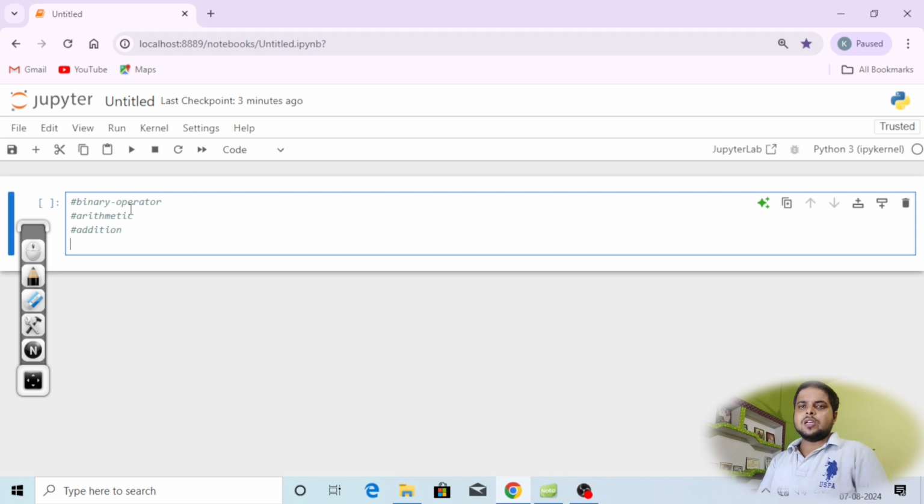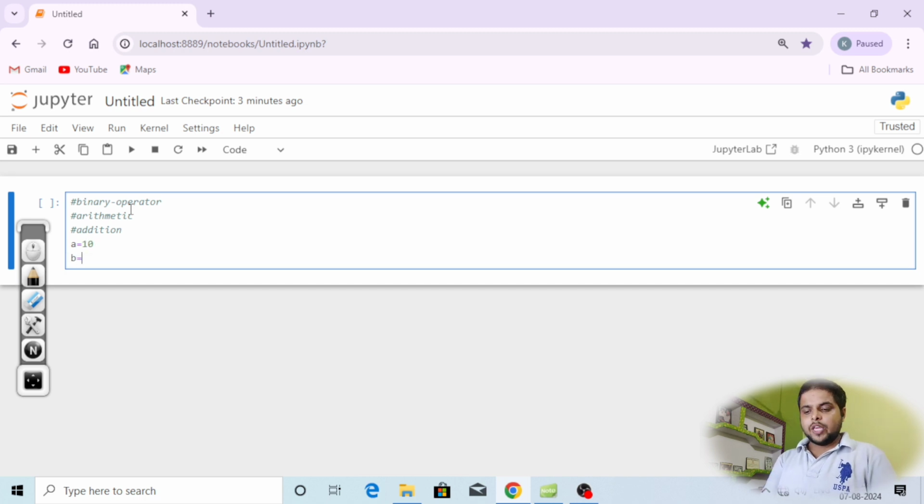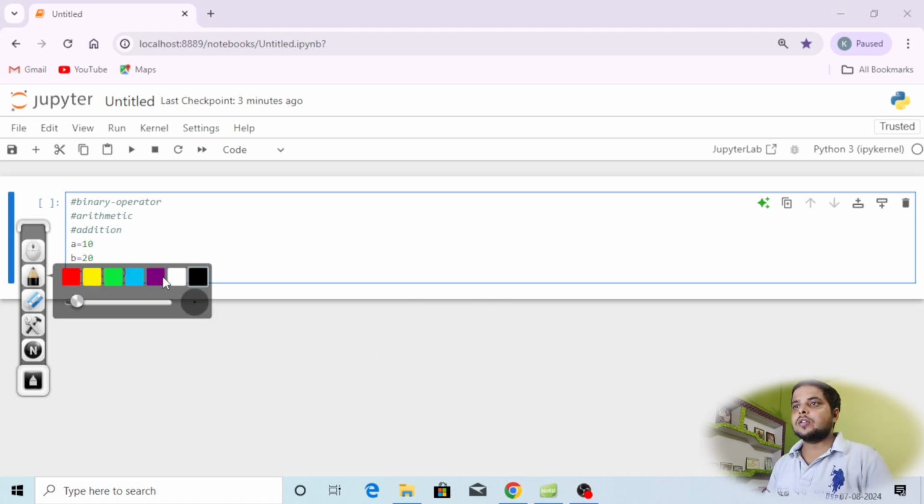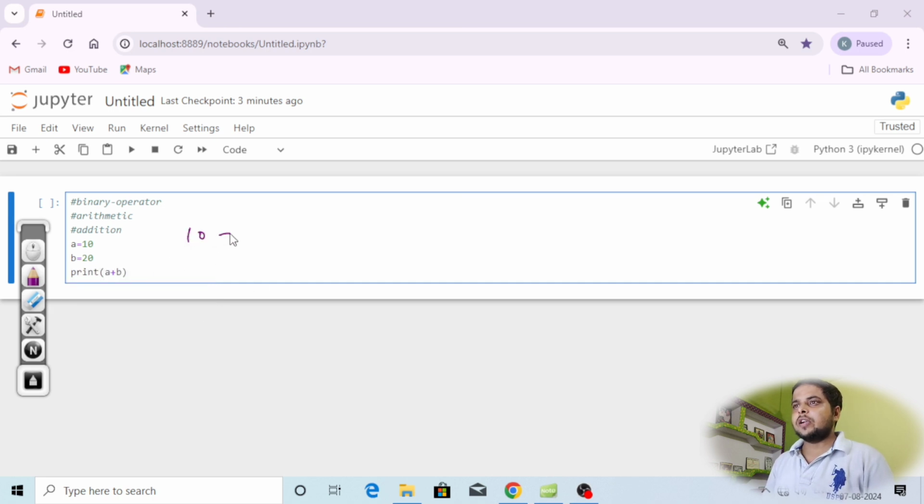How does addition work? Listen, we will take variables A equals 10 and B equals 20. Now we will print A plus B. Addition simply adds two numbers, meaning 10 plus 20, because the value of A is 10 and B is 20, and the operator is plus.